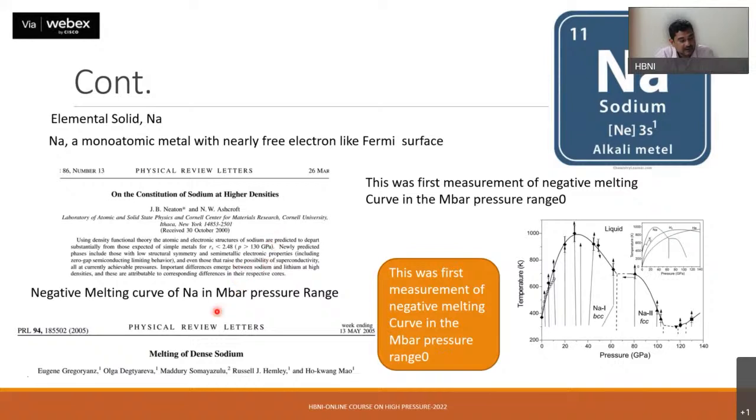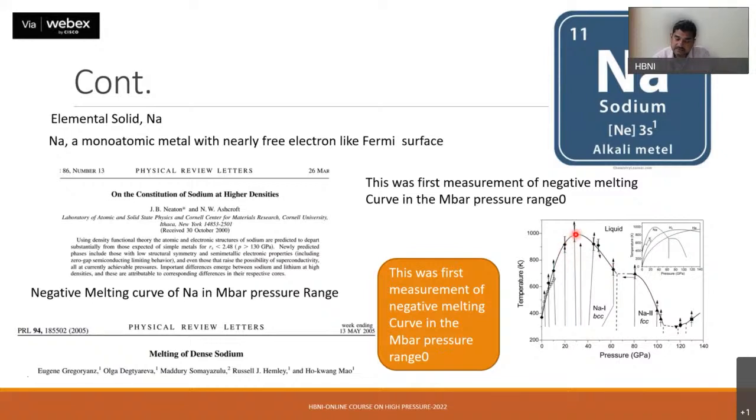And in fact, in sodium, in the megabar pressure range, a negative melting curve has been observed. What is the melting curve? Basically, it is the temperature-pressure behavior. In general for solids, if you increase the pressure, the melting temperature increases. But in the case of sodium, if you go to higher pressures, it reverses, like it has a negative slope.